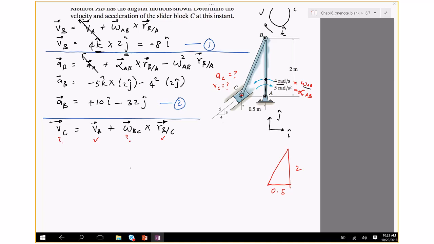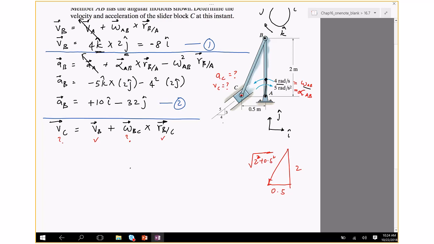It's going to be 2 squared plus 0.5 squared. You could potentially do the long way of doing this as well. You first find this length, find this angle, and then you know this vector. You need to find this vector.